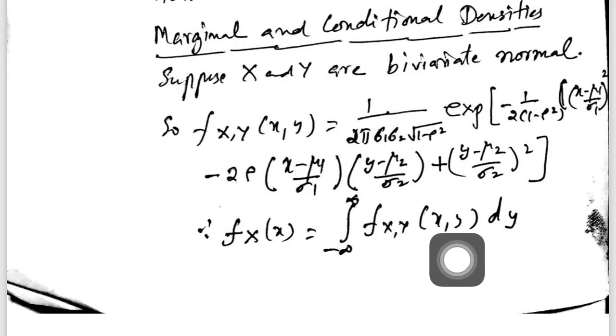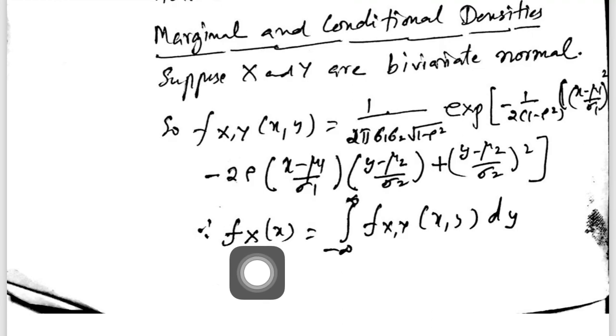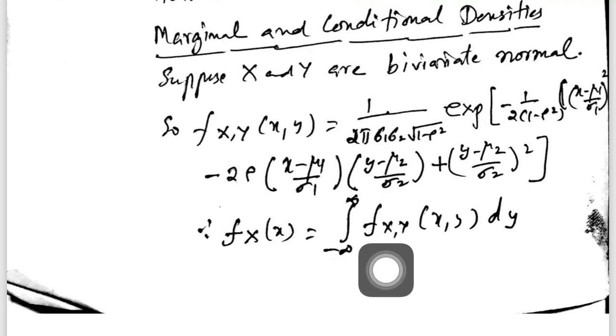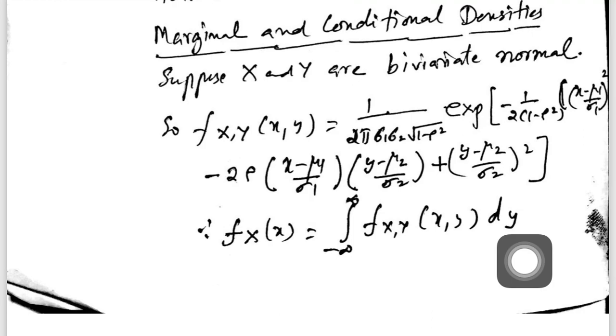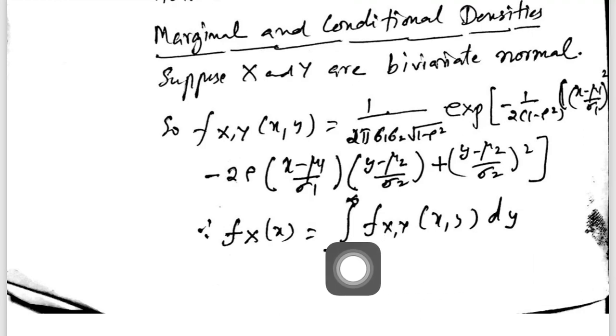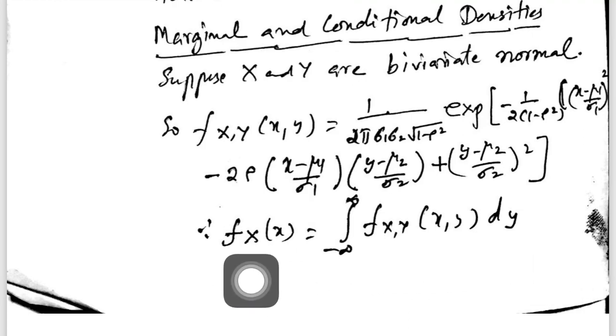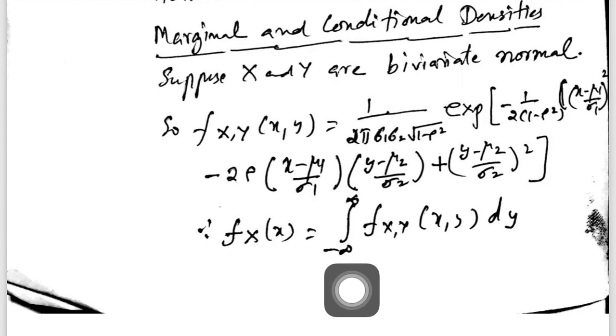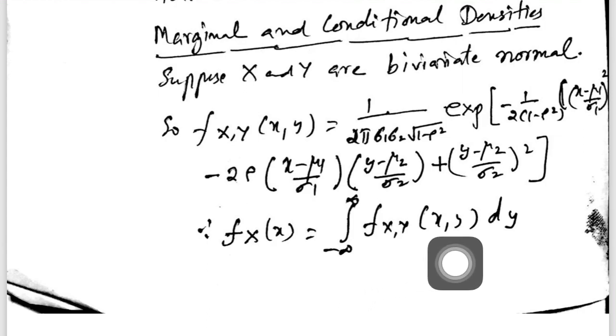Similarly, to get the marginal density of y, you integrate the joint density with respect to the other variable, that is x. Now first we find the marginal density of x. So the formula is fx equal to the integral from minus infinity to infinity of fxy dy.